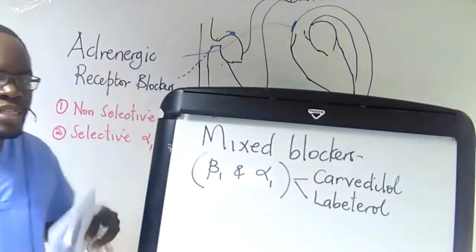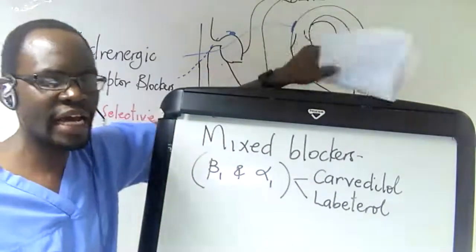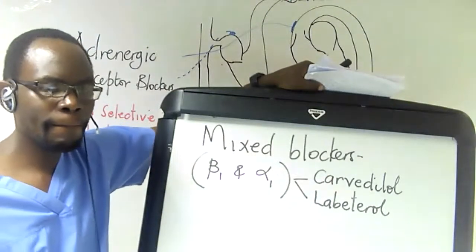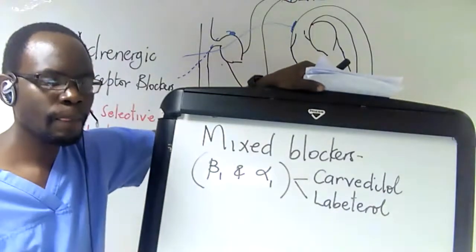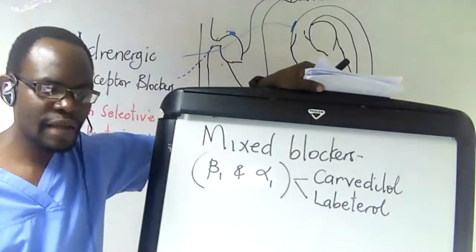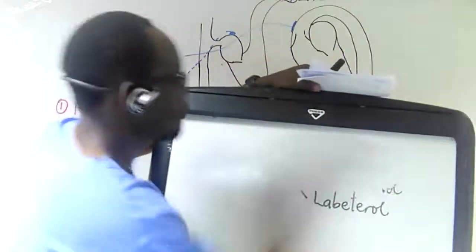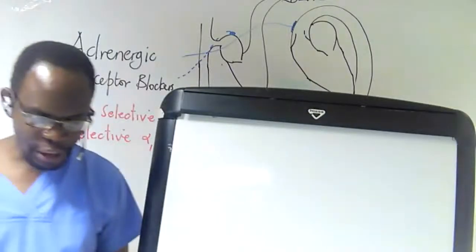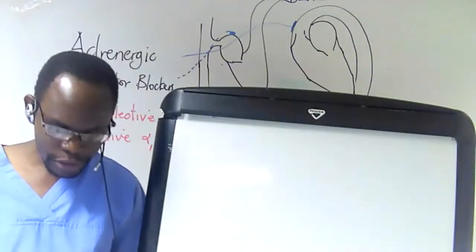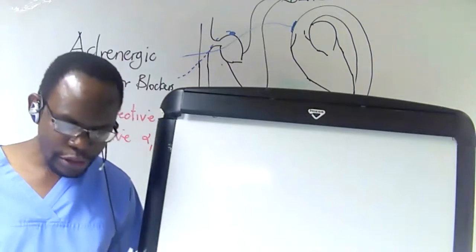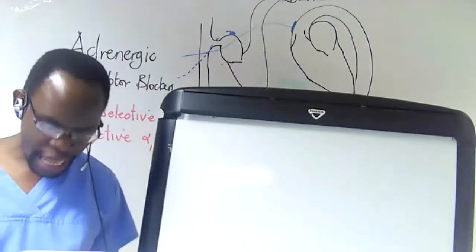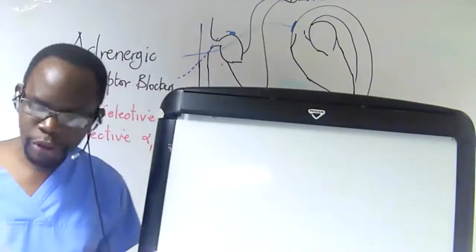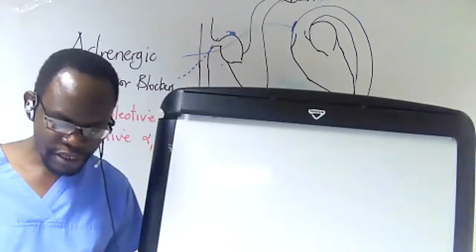So basically, those are another two types of antihypertensives. Since the beginning of this lecture, we talked about the postganglionic sympathetic nerve ending blockers, and of course we gave examples.